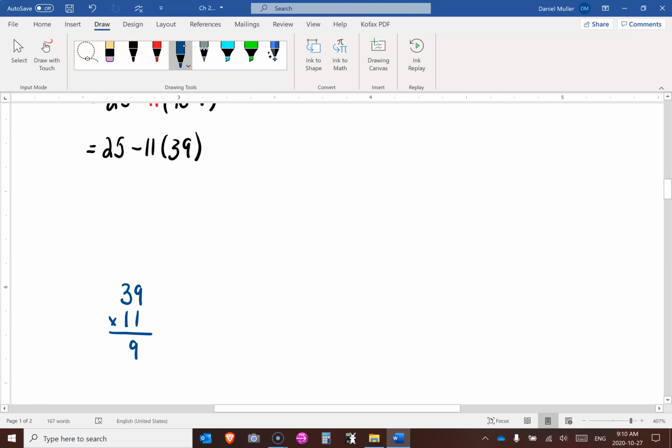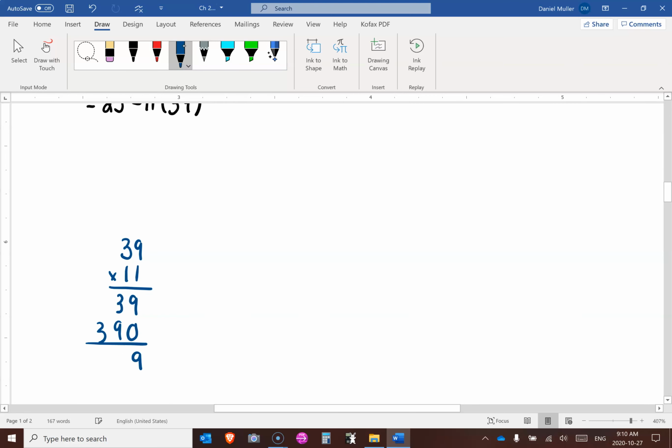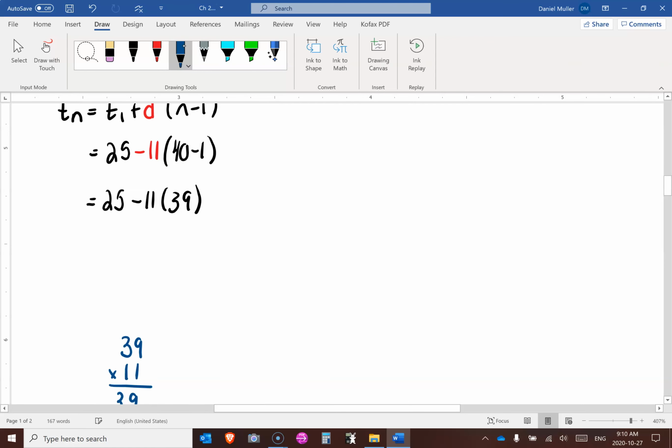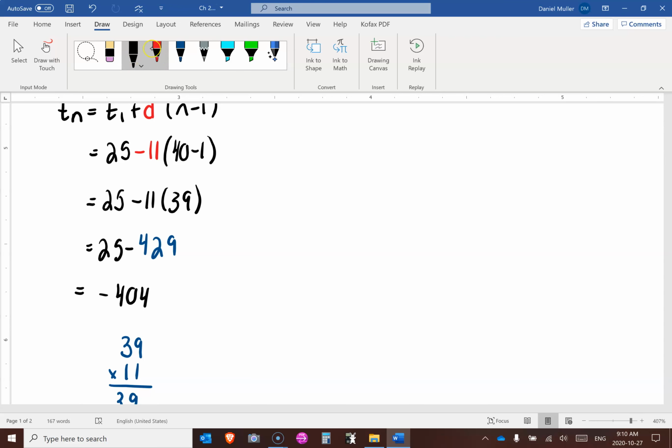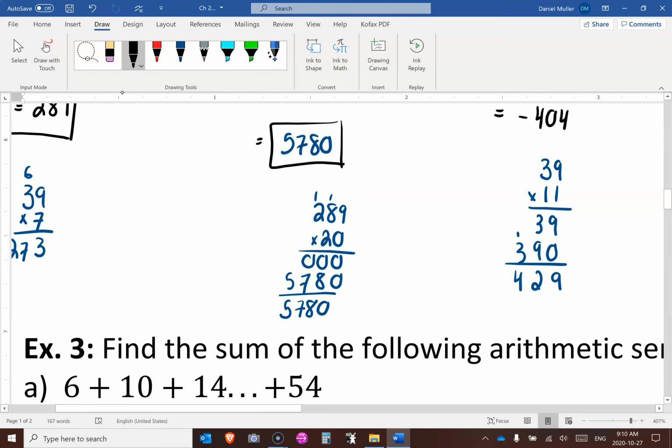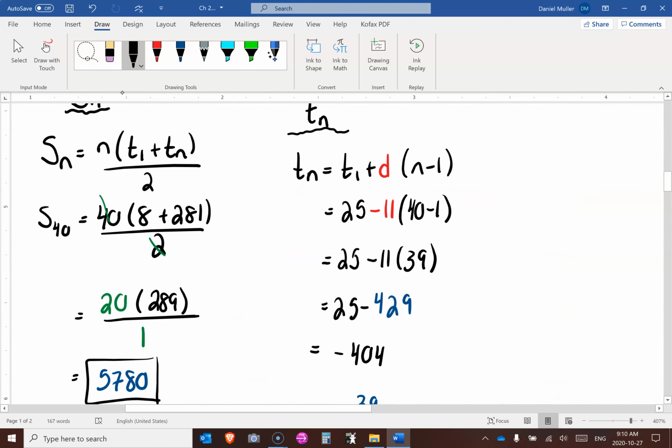So 1 times 9 is 9. 1 times 3 is 3. 0, 9, 3. So 9, 12, 4. 429. So I have 25 minus 429, so it's negative 404. So that is my last term, which we write as Tn, but you could also write as T40 if you wanted to.